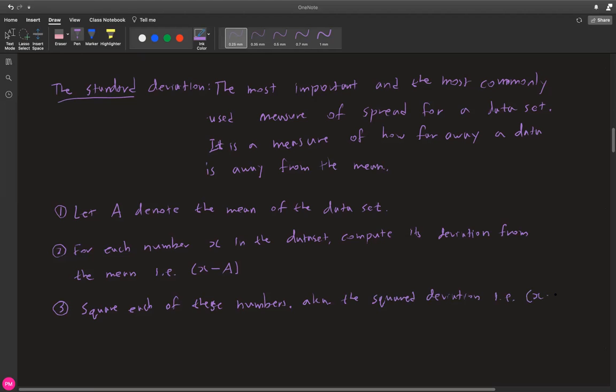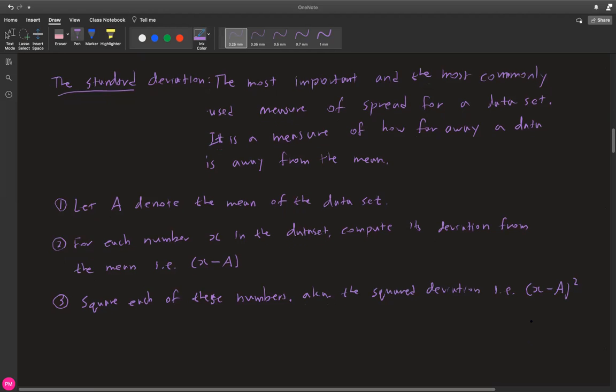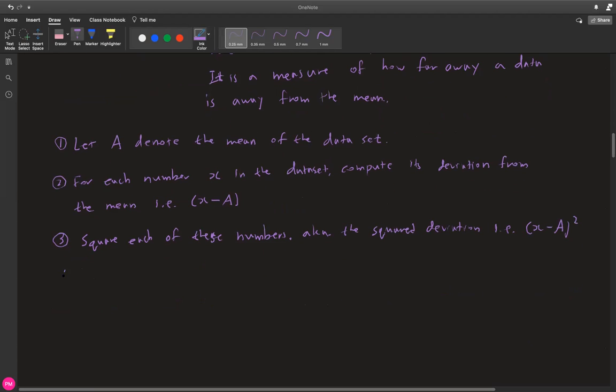Simply put, it's squaring each one of the x minus a values. The next step is to find the average of the square deviation.